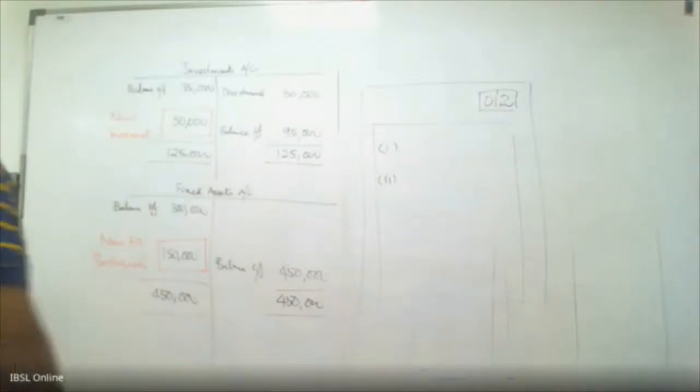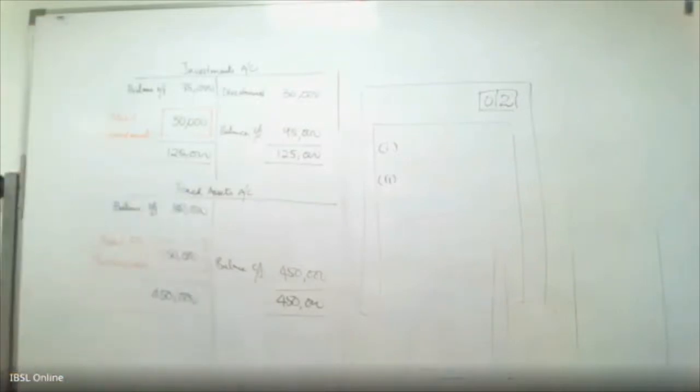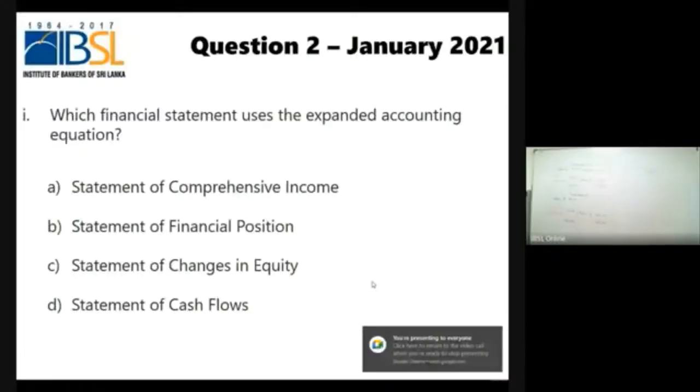What is the first question? Read the question. Which financial statement uses the expanded accounting equation? So now when you say that, you need to recall what is the expanded accounting equation. Can somebody tell me what the expanded accounting equation is quickly?